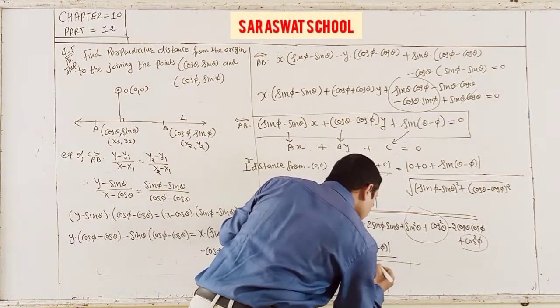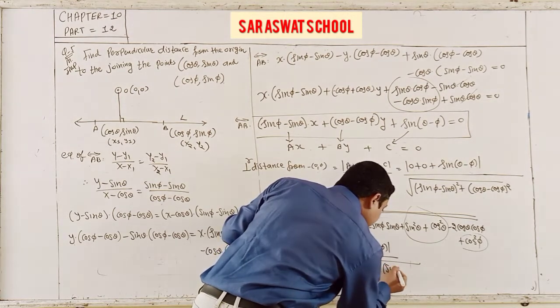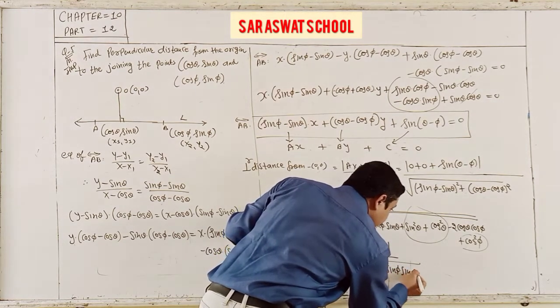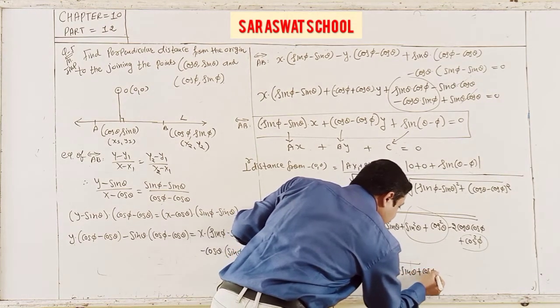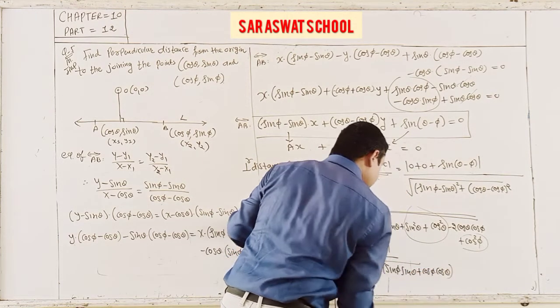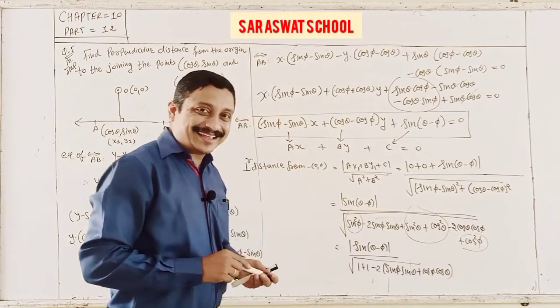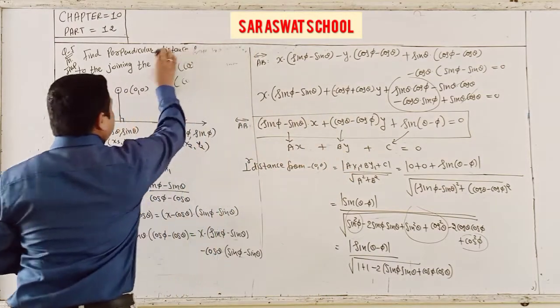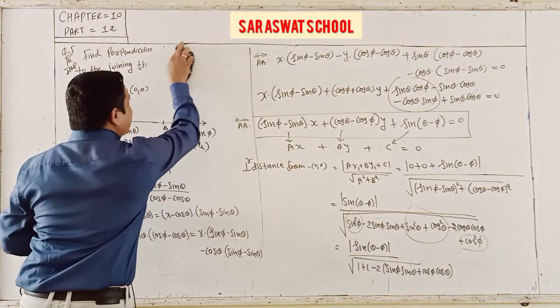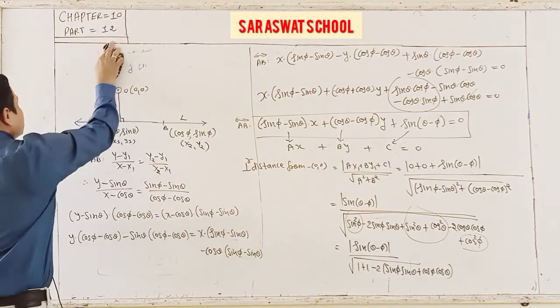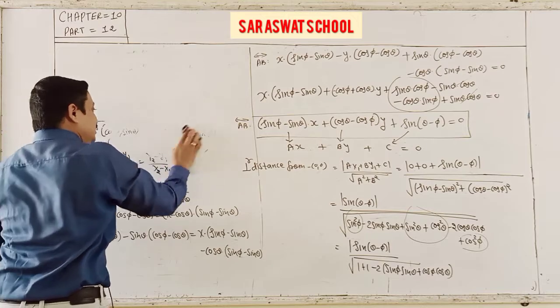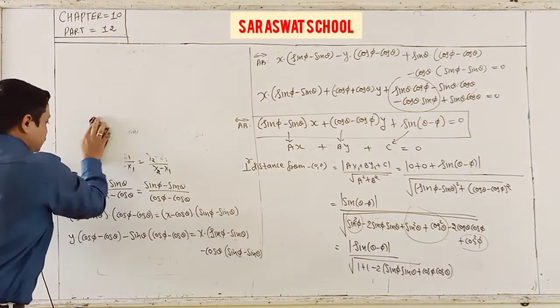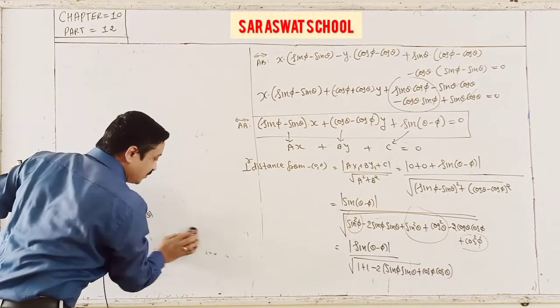And another, I take 2 common, only sin phi sin theta plus cos phi cos theta. And students, this is also a property. Yes, it is the cos alpha minus beta formula. And that's why I easily end my sum in the place of distance.